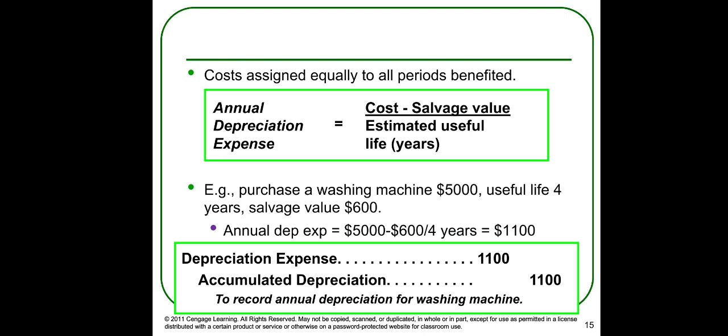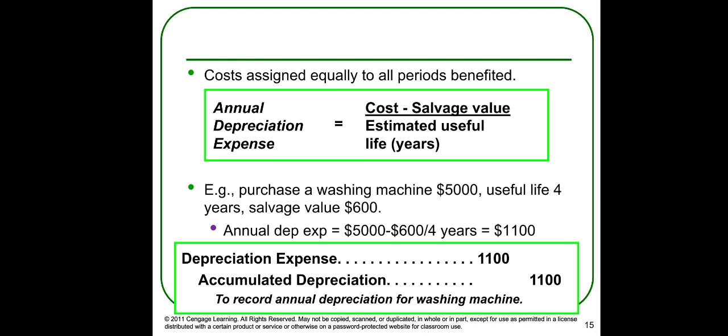For example, let's say you purchase a sewing machine. The value of the sewing machine, or the amount you record for the sewing machine, is 5,500. That is the cost. Salvage value is the value of the asset at the end of its useful life.